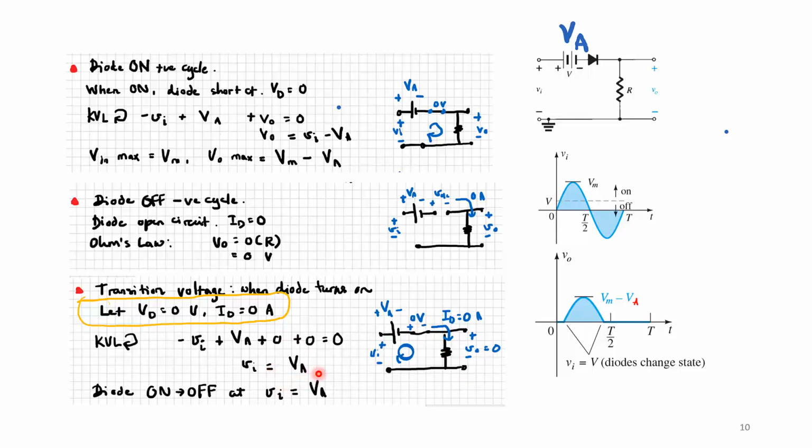So I know that the diode changes from on to off at V in equals VA. This one here, I should add: V in equals VA.